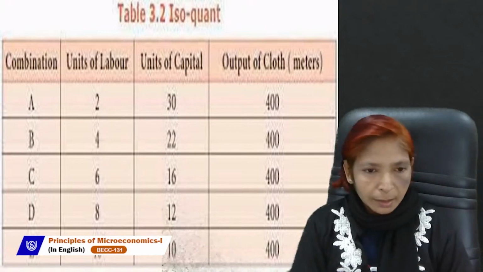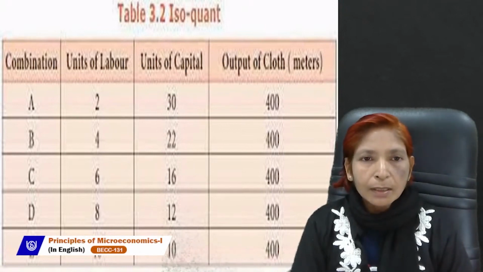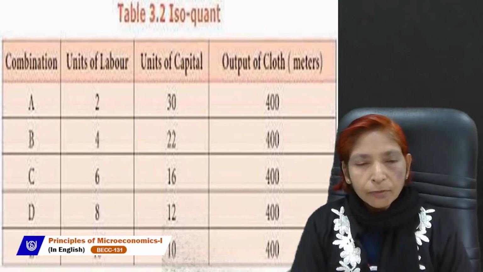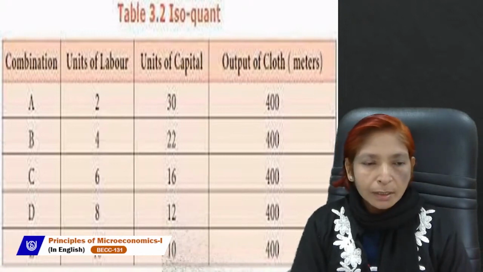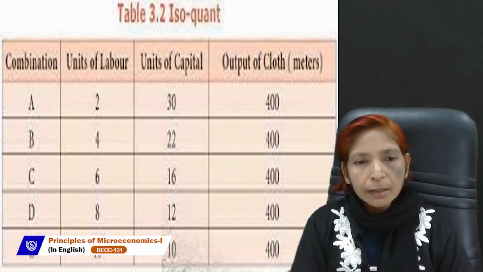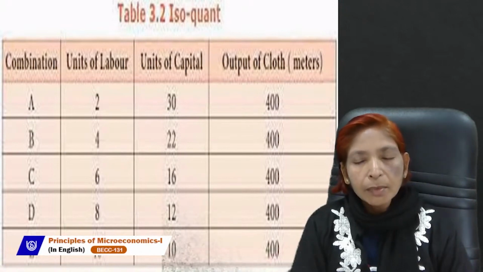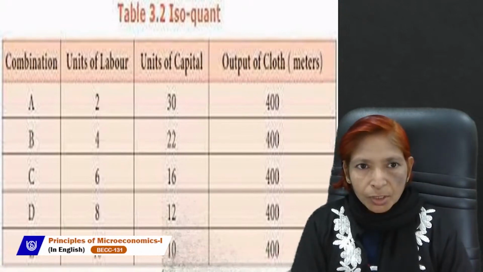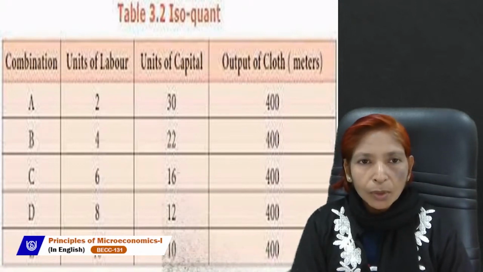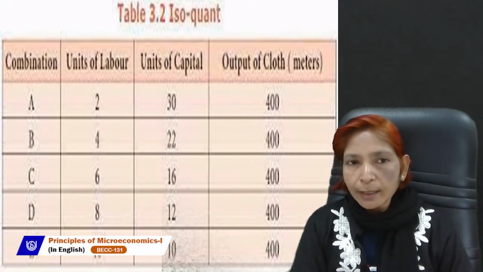It means isoquant shows that if we use two factors of production like labor and capital, different possible combinations are showing same level of output. So iso is equal and quant means quantity.